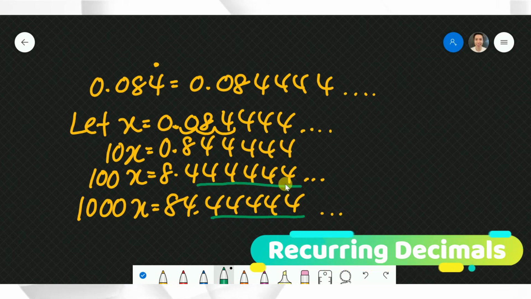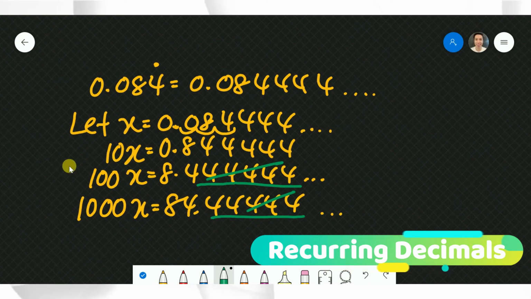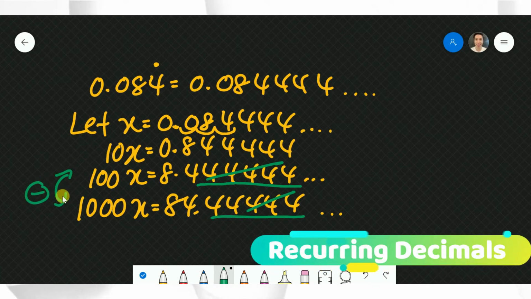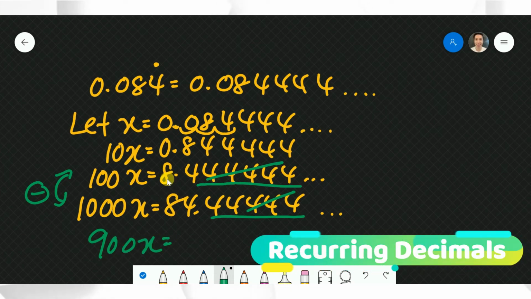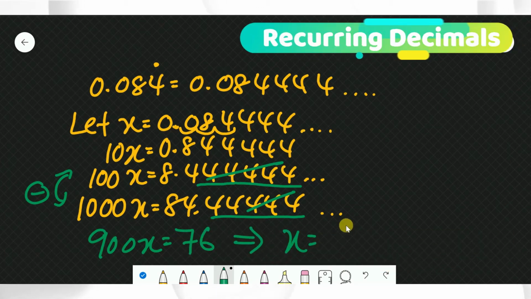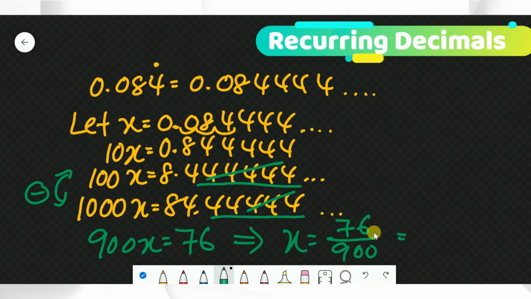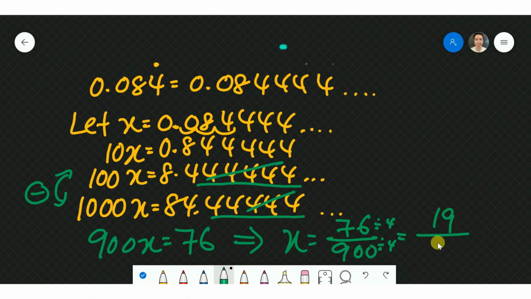So we can make it to 0, cancel it. So we take 1000x minus 100x, which gives 900x, right? And this minus this, we have 76, isn't it? So our final answer will be 76 over 900. If we divide these two numbers by 4, we will have 19 over 225.